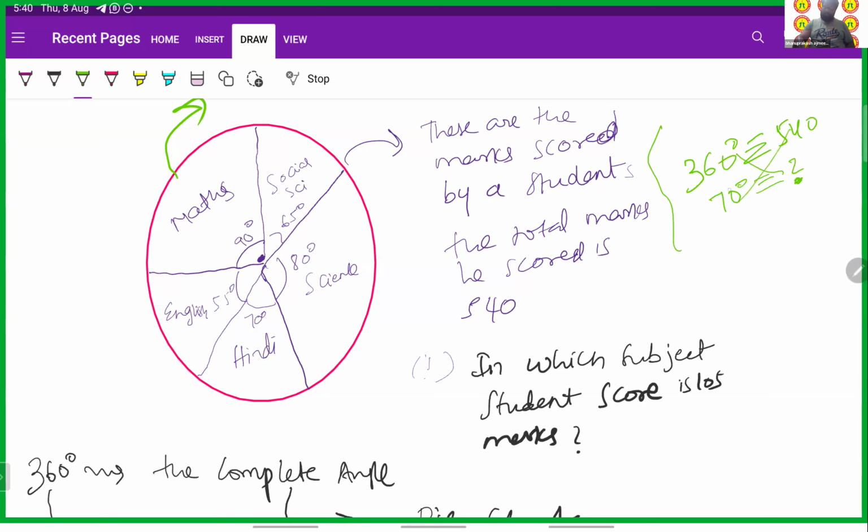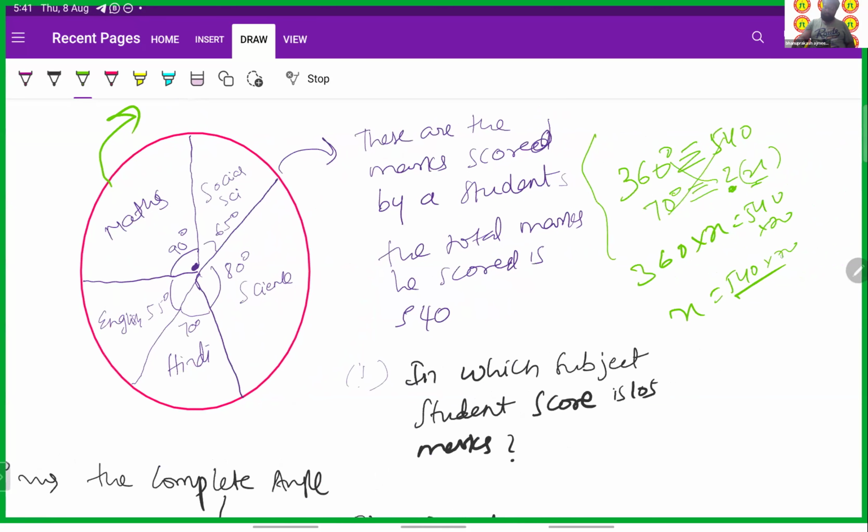I'm just going for cross multiplication. Consider this unknown value as x, and then you will get 360 into x is equal to 540 into 70. So x is equal to 540 into 70 by 360, and your answer will be out here.